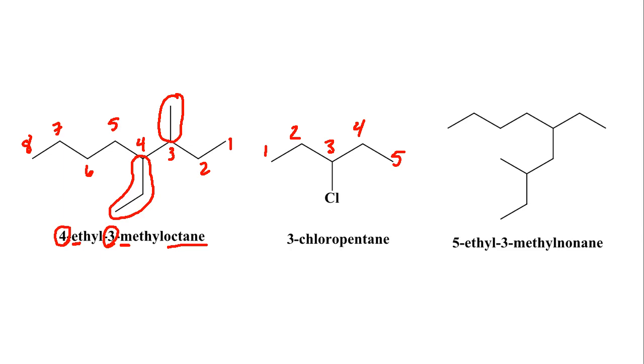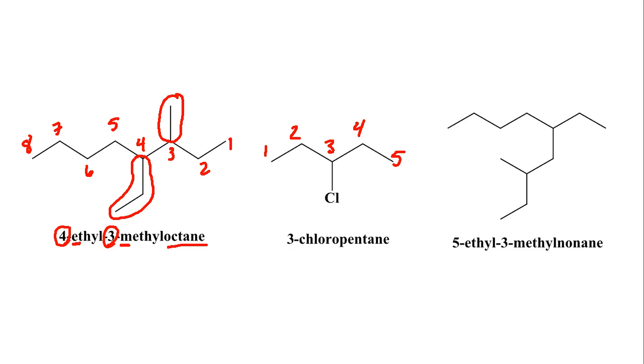All right, now this last one, this one may have been the trickiest of the bunch, right? So the main chain is going to be this chunk right here. It's not what is going directly across. You can get more carbons from what I just highlighted there. Now, when we do this, we should really be starting at the bottom, and we're going to work our way to the left, all right?